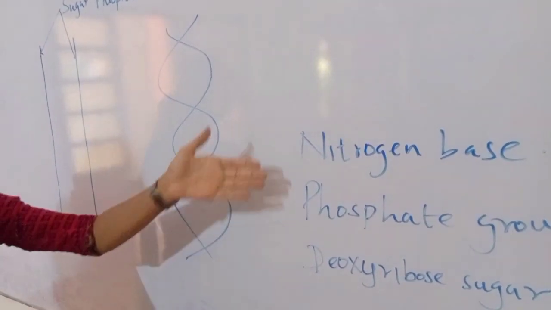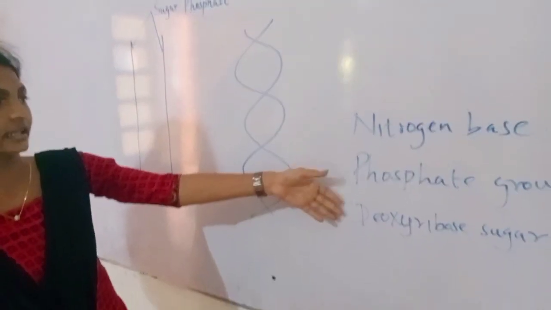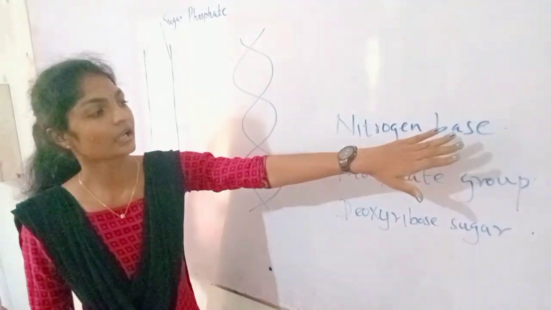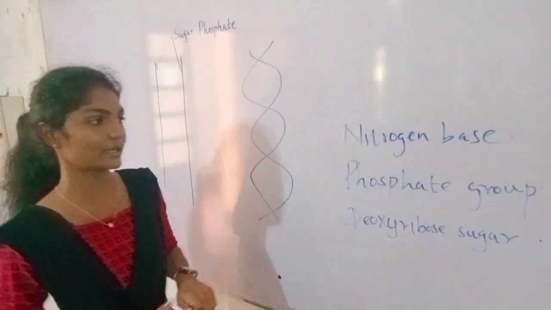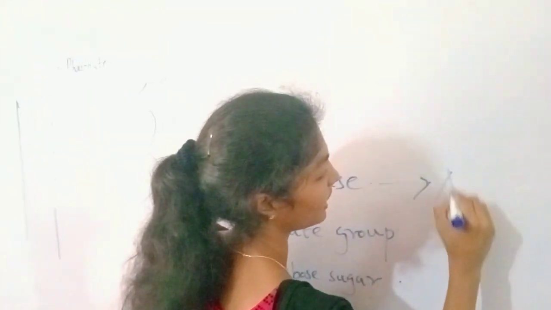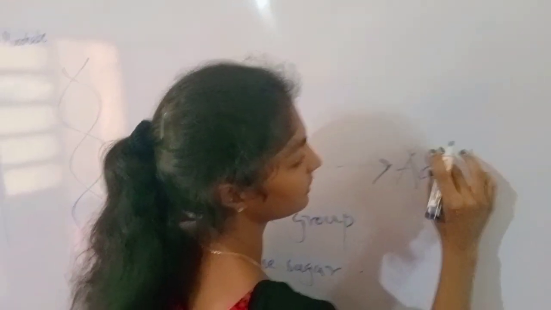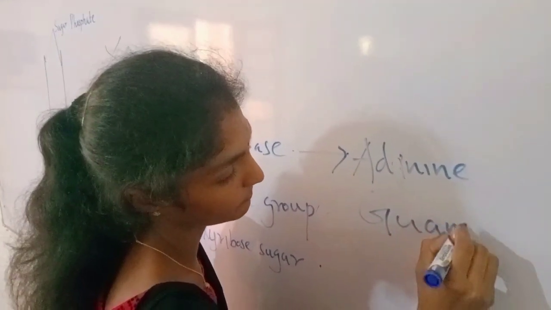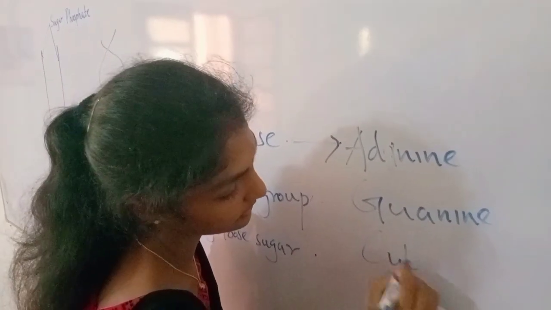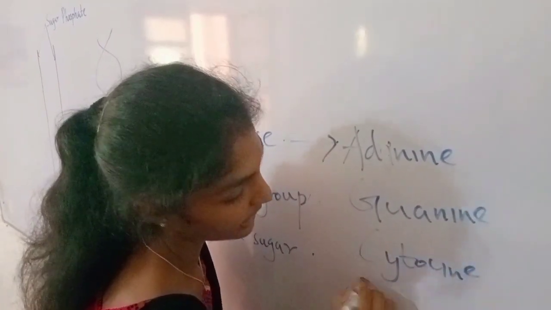These are the polynucleotide chain components. The nitrogen bases are of 4 types in DNA. The 4 types are adenine, guanine, cytosine, and thymine.